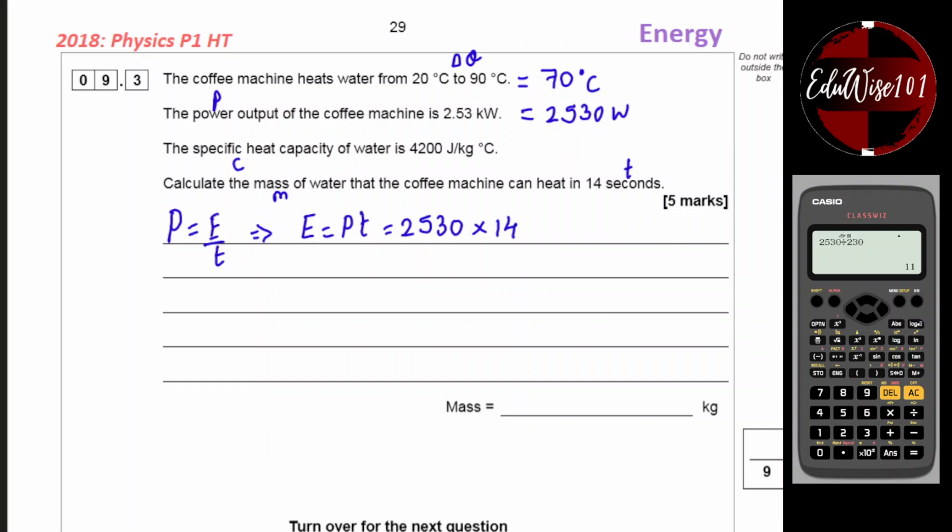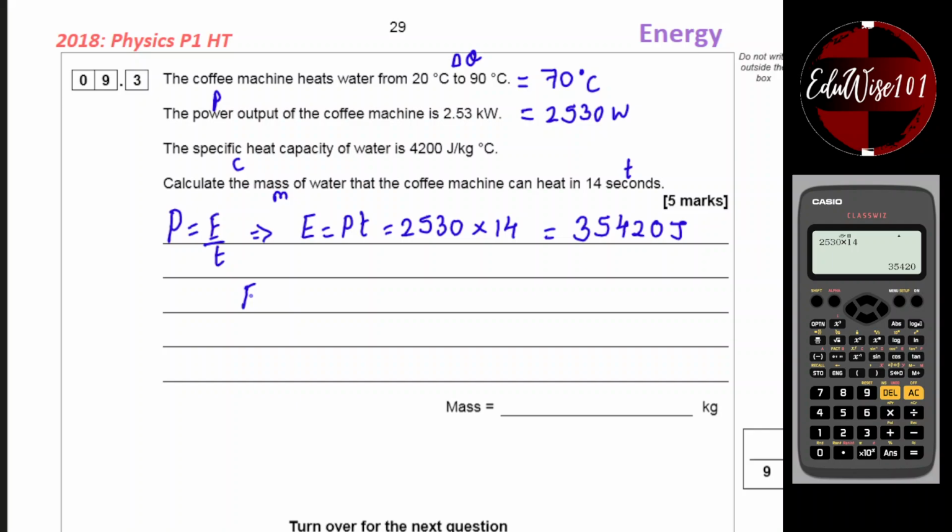So 2530 multiplied by 14 gives me 35,420 joules. Now I can use this value in this equation.